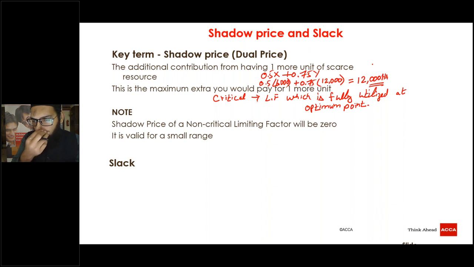And the labor hours available are also 12,000. So you can see that this resource is fully utilized. That is why it is called critical.